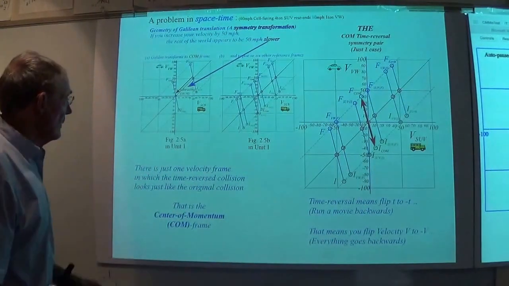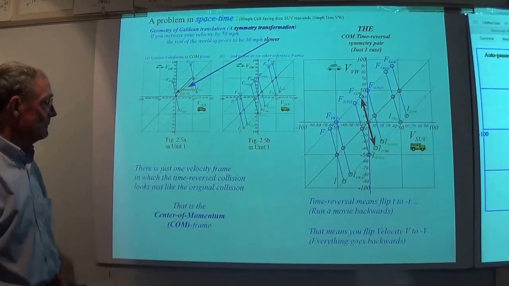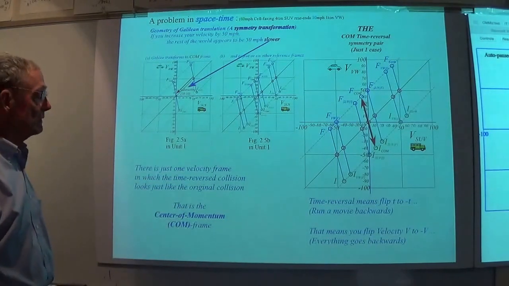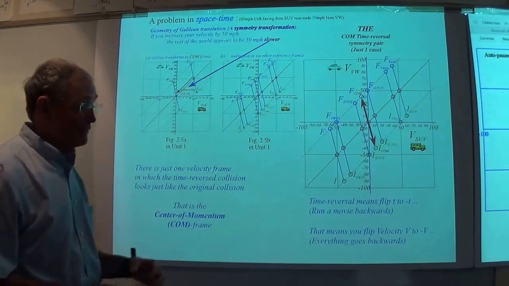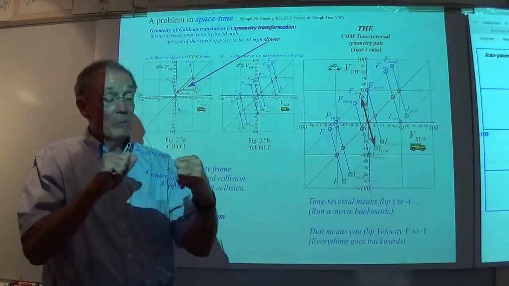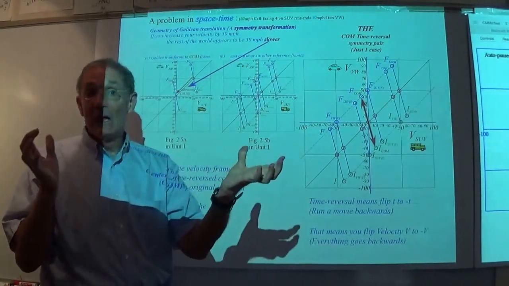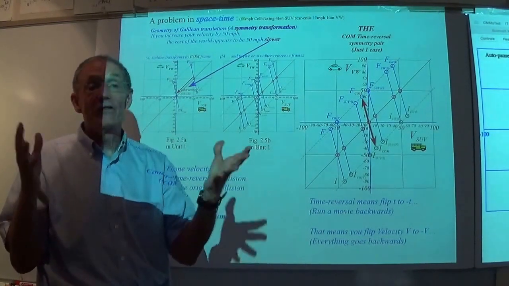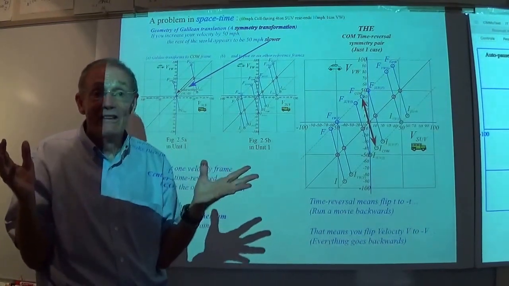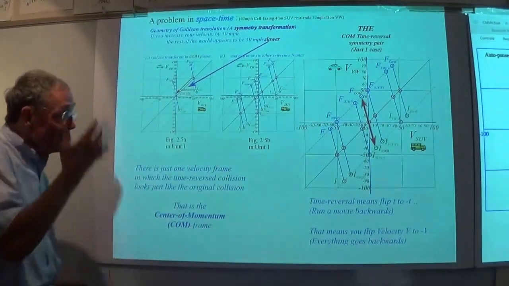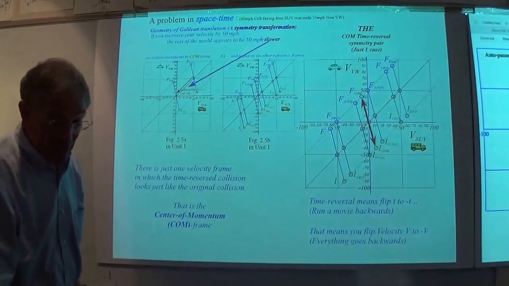There is just one velocity frame in which the time reversal collision looks just like the original. So in that frame, these two come together, and if it's elastic, spring apart. That looks the same going forwards or backwards. That's the point of the symmetry. Just kind of neat. This is sort of thinking that we're going to need later on.